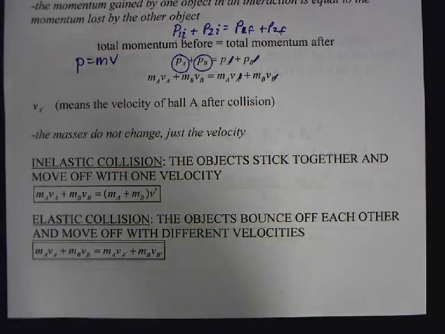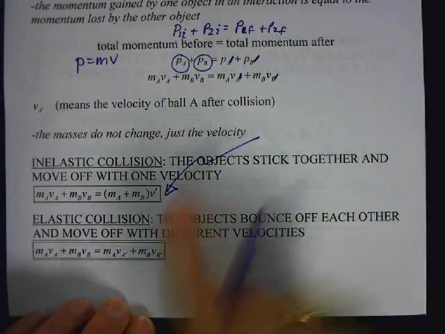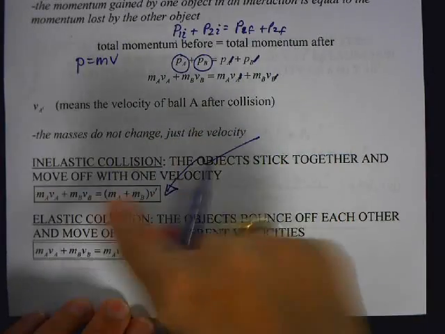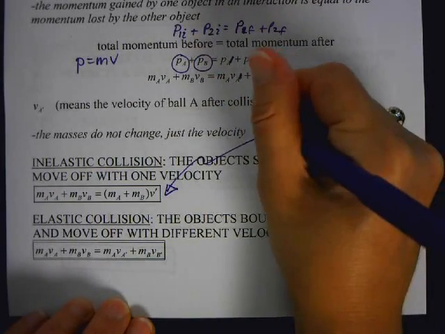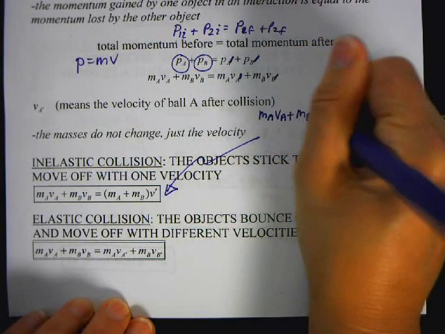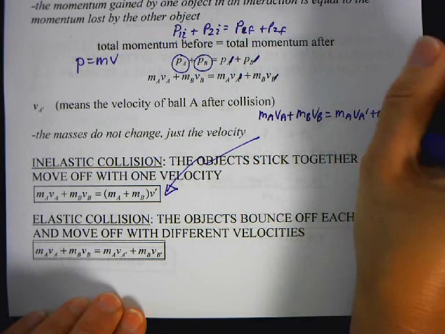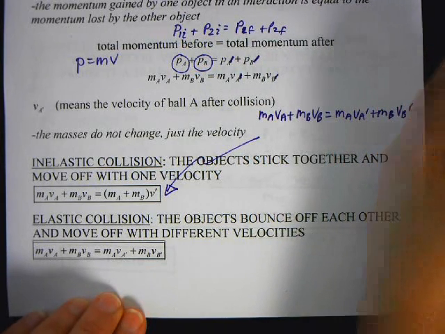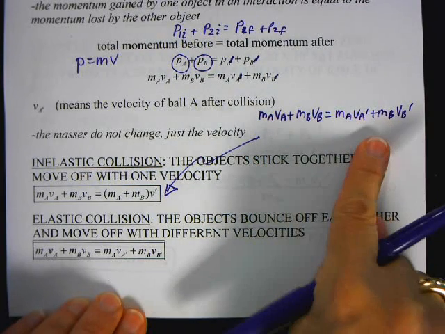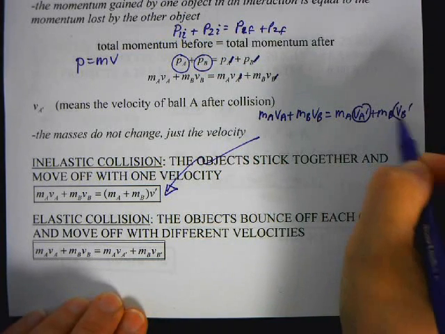Now, this is not an equation you have to memorize. Let's say I have my basic equation for momentum, MAVA plus MBVB is equal to MAVA prime plus MBVB prime. If two objects stick together and move off with the same velocity, that means these velocities are equal.